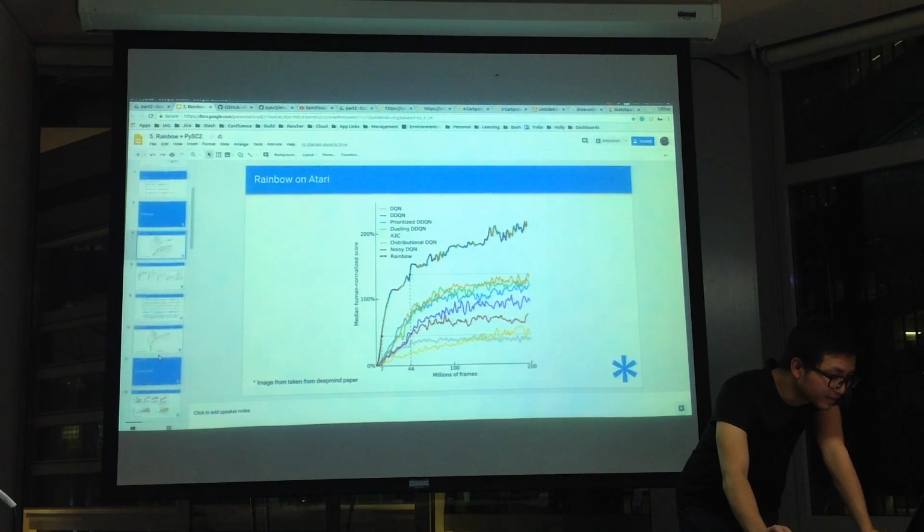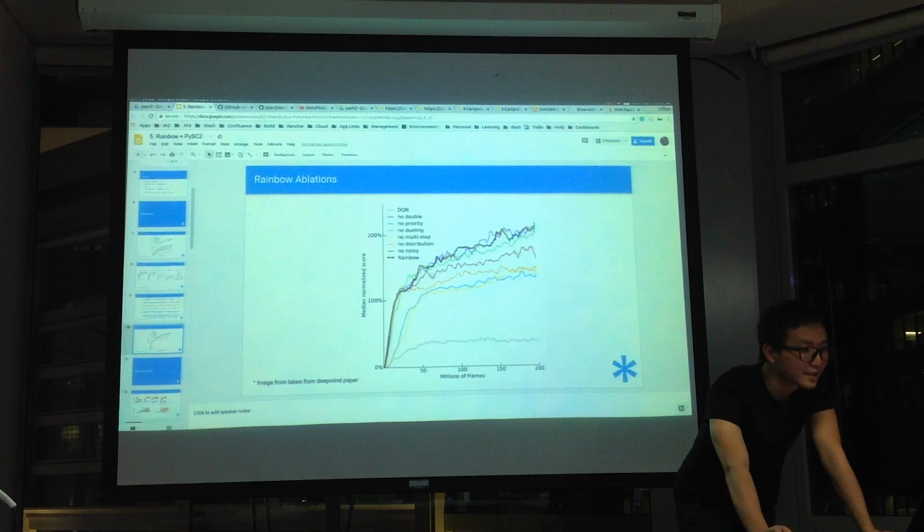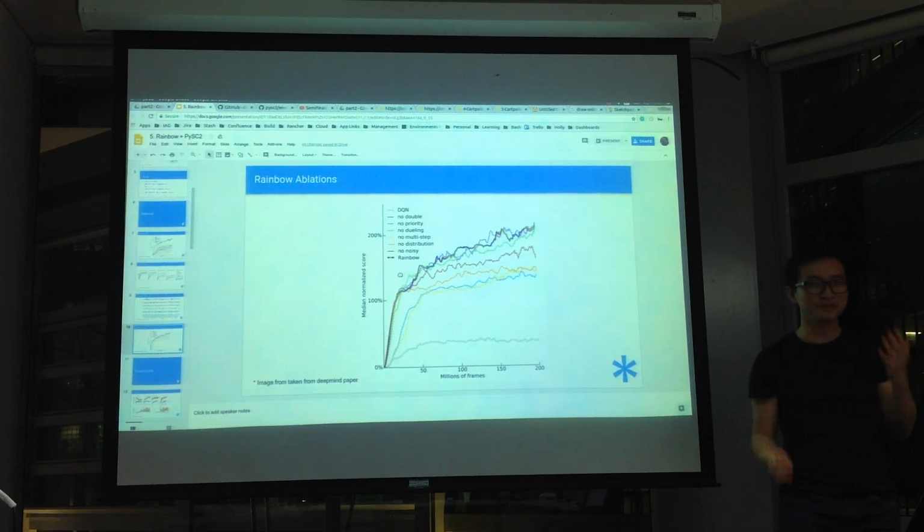Where's the ablation? So what they did was they ran Rainbow DQN with all the different variations combined, and then they slowly tried taking out one of them. What's Rainbow? Rainbow is a DQN version which contains the original. It has the double, prioritized experience replay, dueling, multi-step, noisy nets, and distributional DQN, all of the concepts combined.